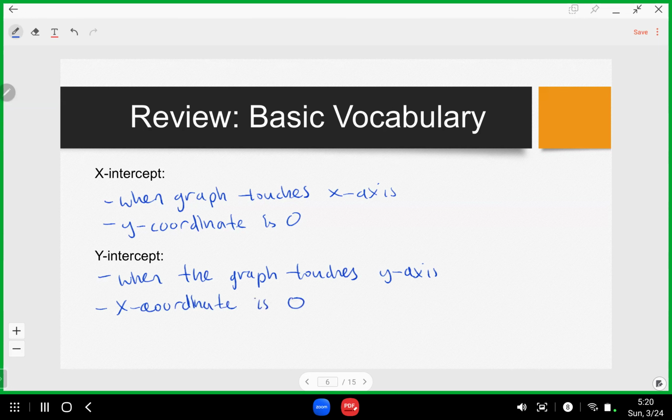Those are the definitions of the intercepts. To find them, you simply have to set the other coordinate that you're not trying to find to 0, then you'll find the intercept of the desired coordinate. So it should not be too hard for you guys. All right.